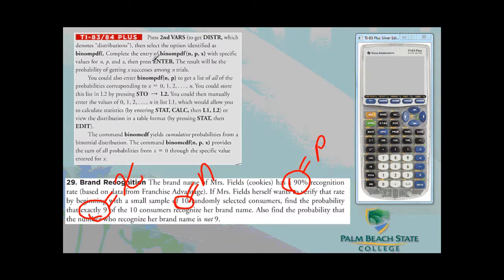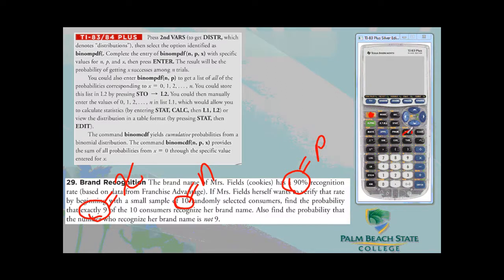So let's turn on our TI here. All right, and then it says to press second. So we're going to press second, which is this yellow button here on my calculator. And then from second, we're going to hit distributions, which is above vars.